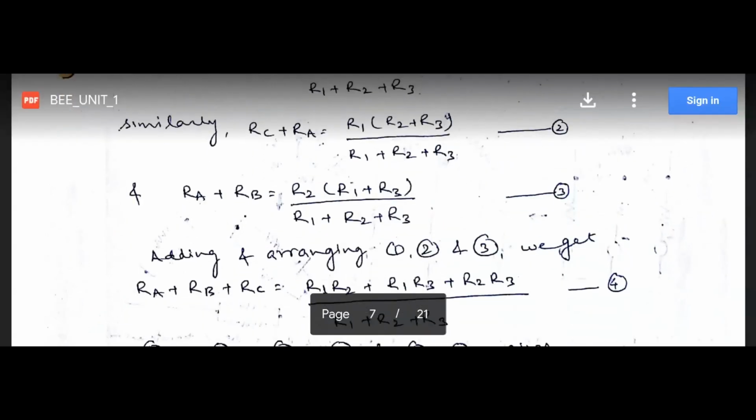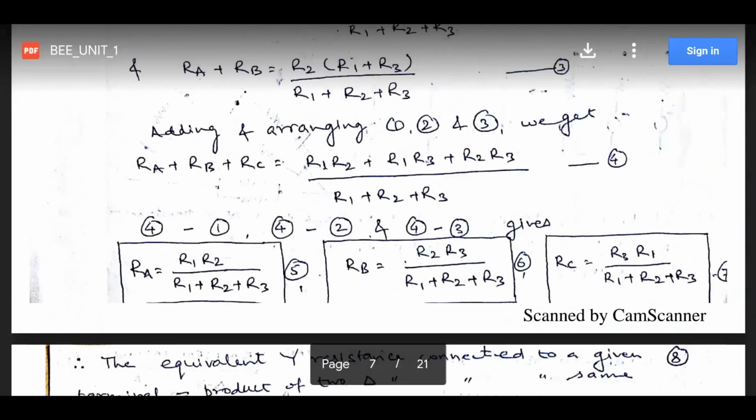Denominator is not a problem. So this is the desired result, which will be labeled as equation number 4. Is that clear to everyone? Yes, sir.